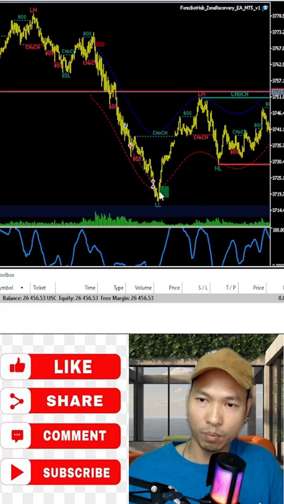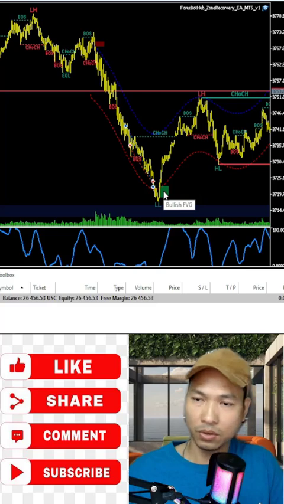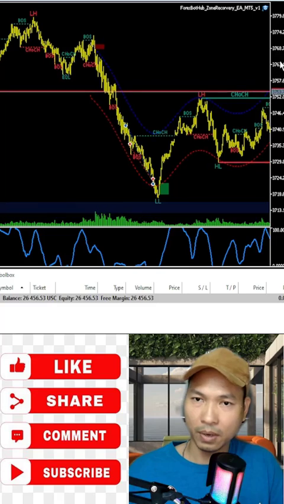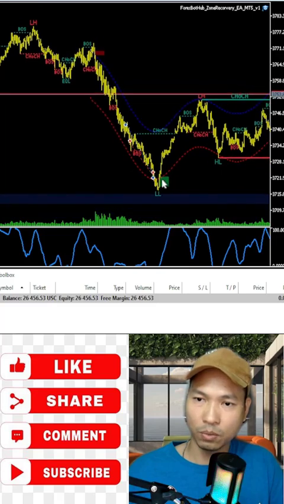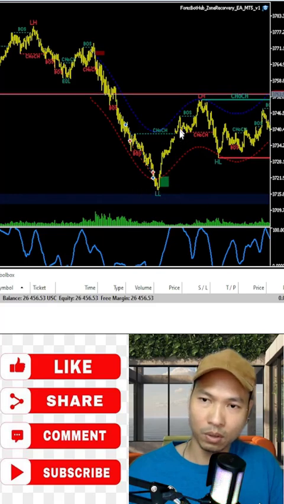Then the price goes back, creates a bullish FVG, so that's a perfect entry for entering the buy position with the first trade. And we of course will finish this trade with only 1 trade. Very safe.